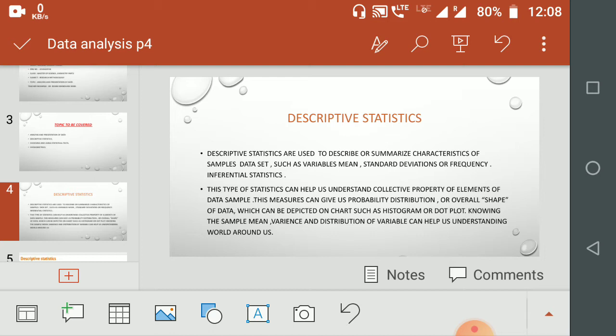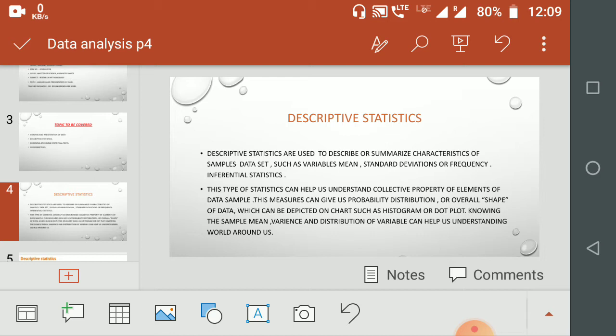These measures can give us a probability distribution or overall shape of the data, which can be depicted on a chart such as a histogram or dot plot. Knowing the sample mean, variance, and distribution of a variable can help us understand the world around us. So these mathematical treatments make information more understandable.